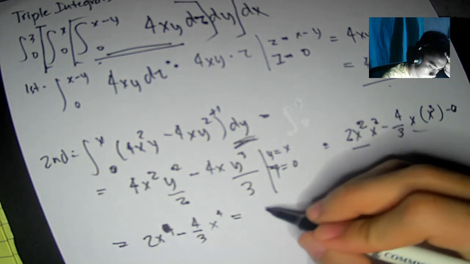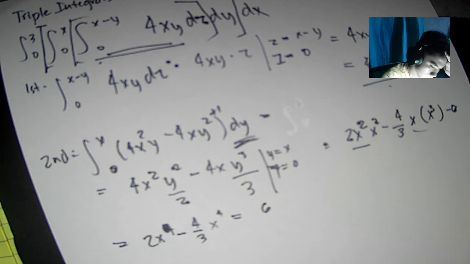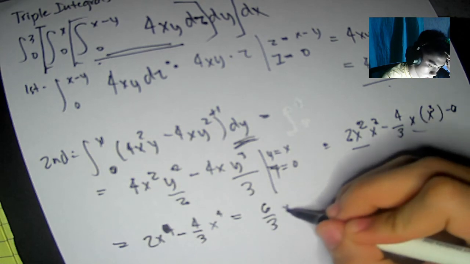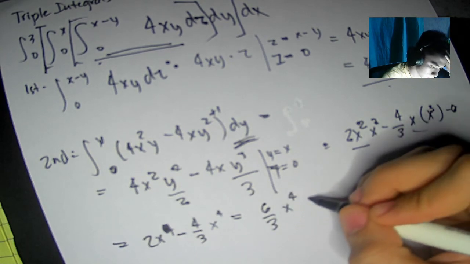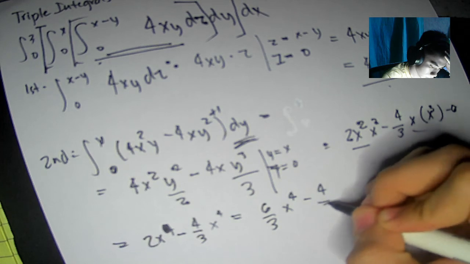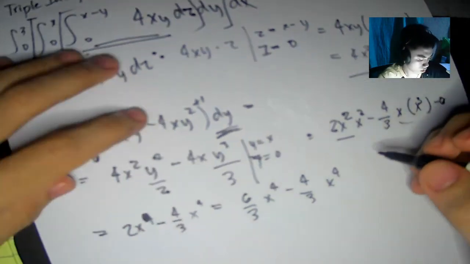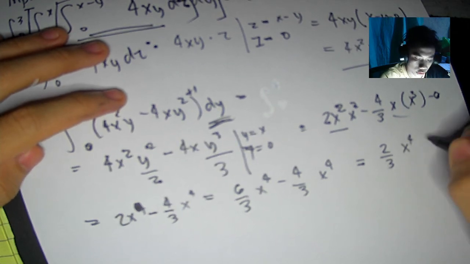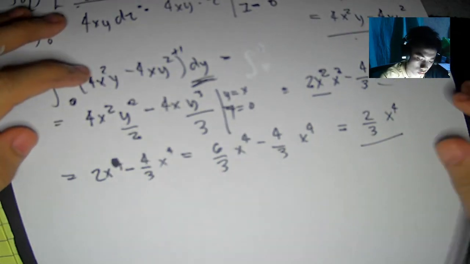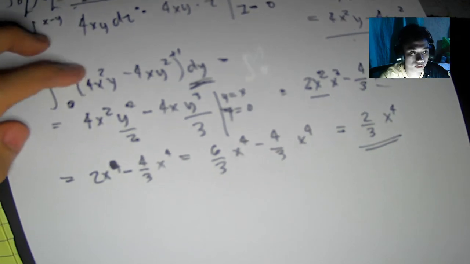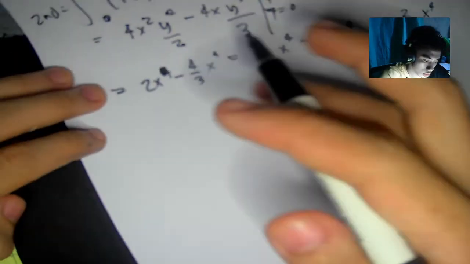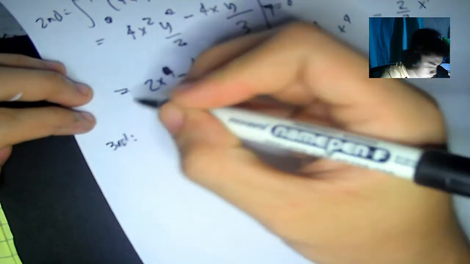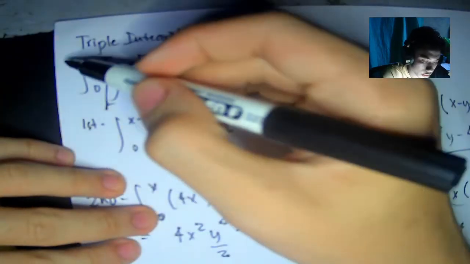You have 6 over 3 x to the fourth minus 4 over 3 x to the fourth. So now our answer is 2 thirds x to the fourth. So simplify it. So our third degree is what we're dealing with now.